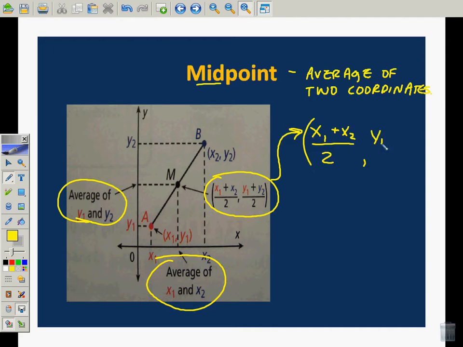We're going to do the same thing for y. Notice I have this comma here because it's going to give us a point, (x, y), that is the average or the middle of these 2 points. So we're finding the middle of the y parts and the middle of the x parts, and we're putting them into one single set of parentheses to tell us that that's where the coordinate is. So midpoint is actually really not too bad.